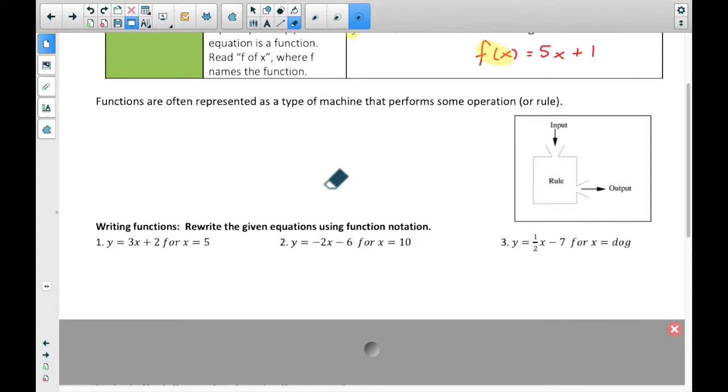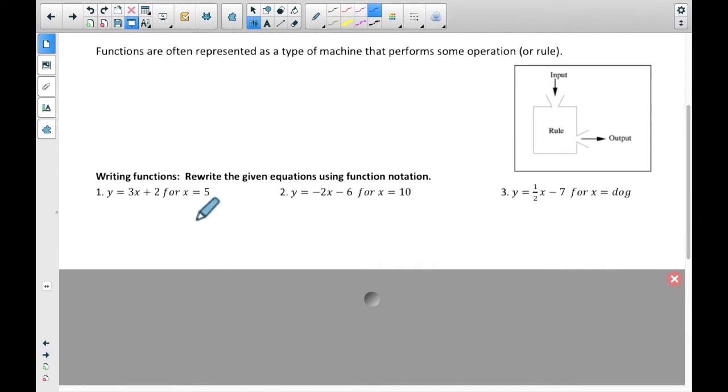A lot of times we refer to functions as an input-output machine. And so you put in something like a number, and then you perform this rule, and then it has an output of a certain answer. So for instance, if we have this, y equals 3x plus 2, and we say evaluate it for x equals 5, well, first of all, there's going to be several transformations.